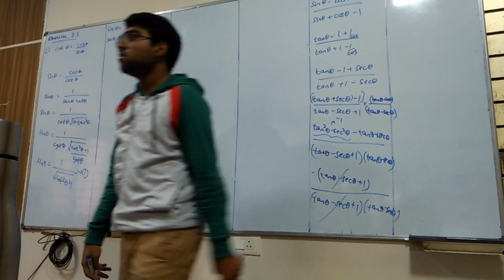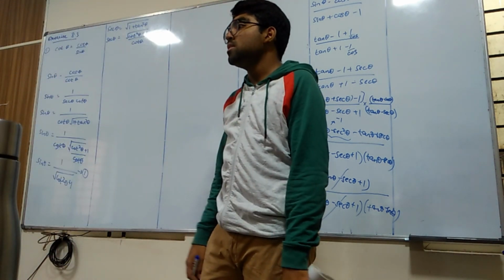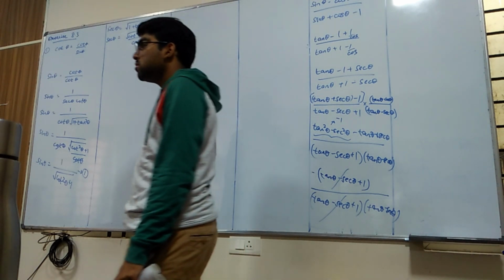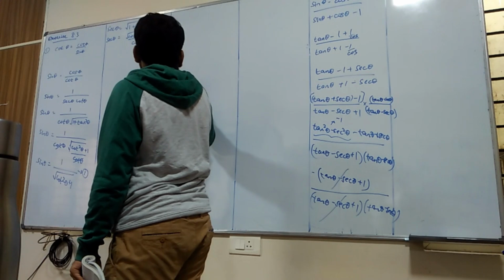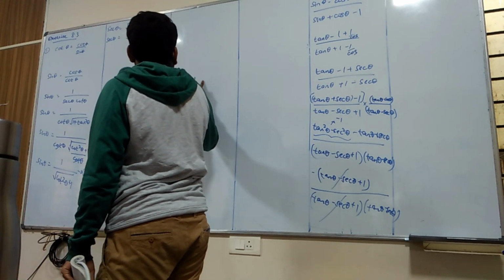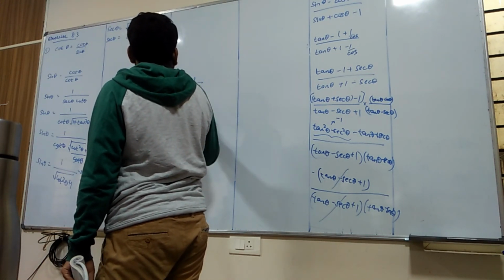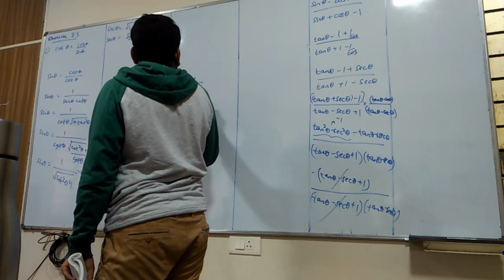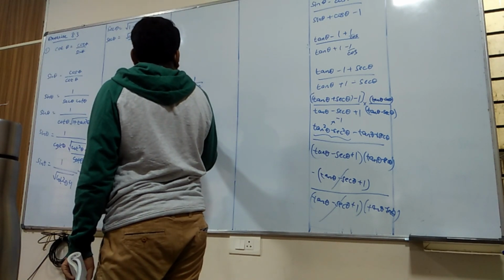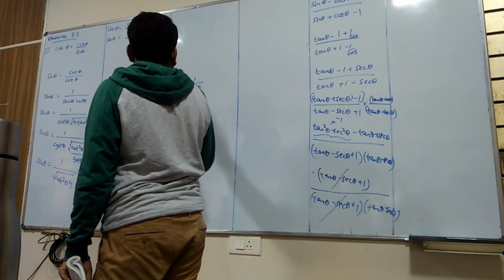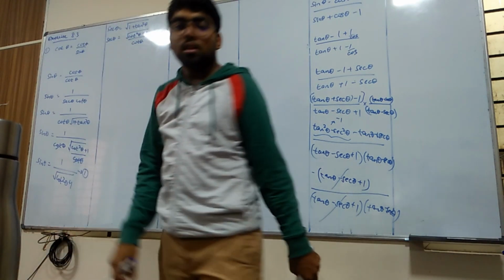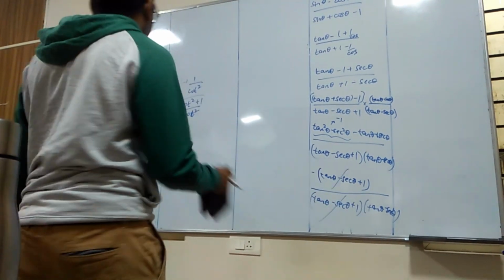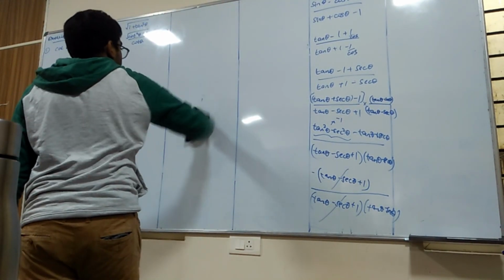In place of that, I am putting 1 plus 1 by cot square, that is, 1 divided by cot square under the root. Cot square is this, so I took it out as cot. Clear? Next.